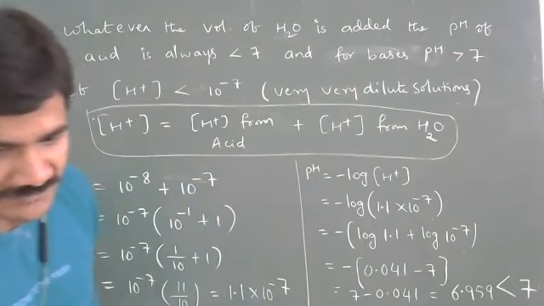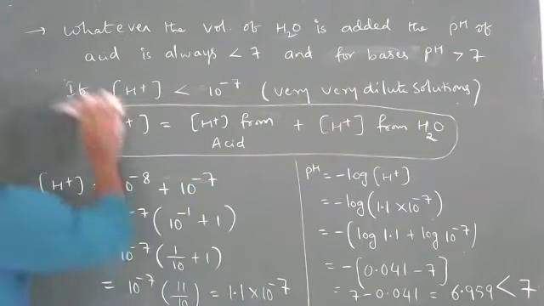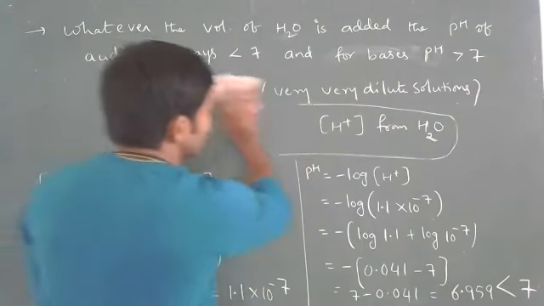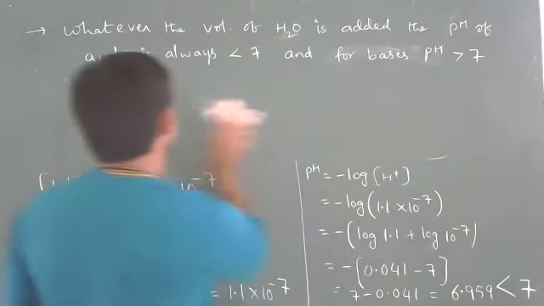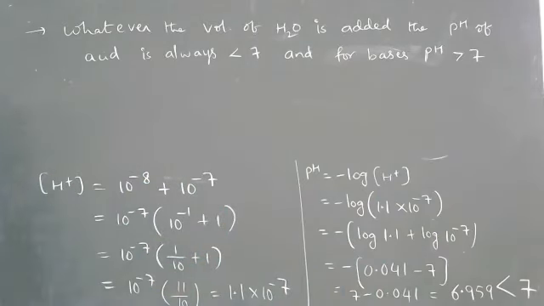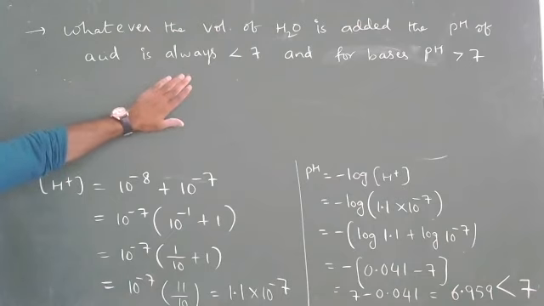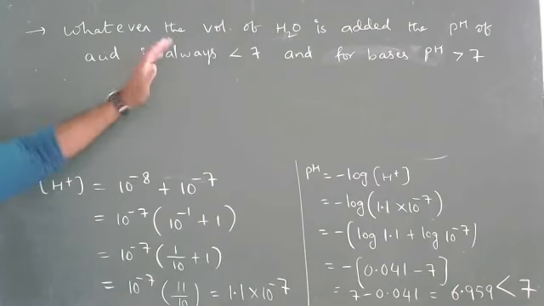So whatever water you add, excess or less, the pH of the acid is always less than 7 and for base is always greater than 7. This is a fixed value. We cannot change the pH value. You don't write pH value greater than 7 for acid. It is always less than 7 only.